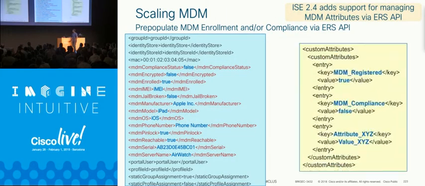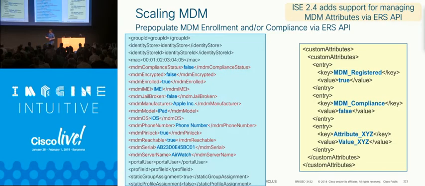A few things we added with MDM are all these new APIs that came in 2.4, right? What's been happening in the past is that, let's say you have a number of users in the MDM server which are all registered and all good. The moment you connect ISE to this MDM server, ISE doesn't know the status of these endpoints. So every time these endpoints connect to ISE, it puts them into a bucket, goes to the MDM server, checks the status, and then gives the access, right? Again, bad user experience.